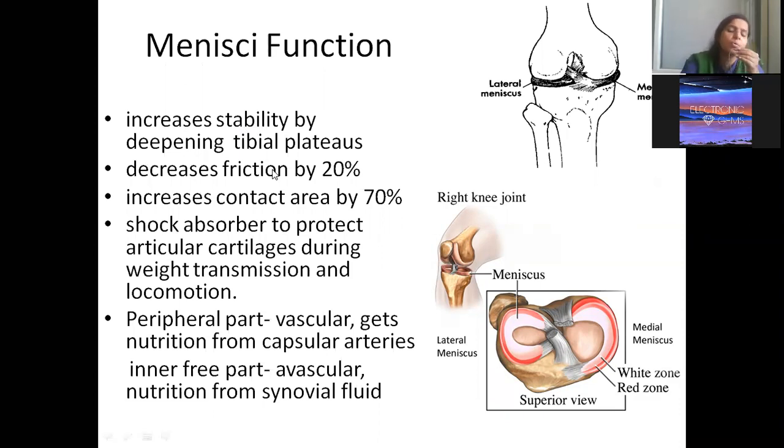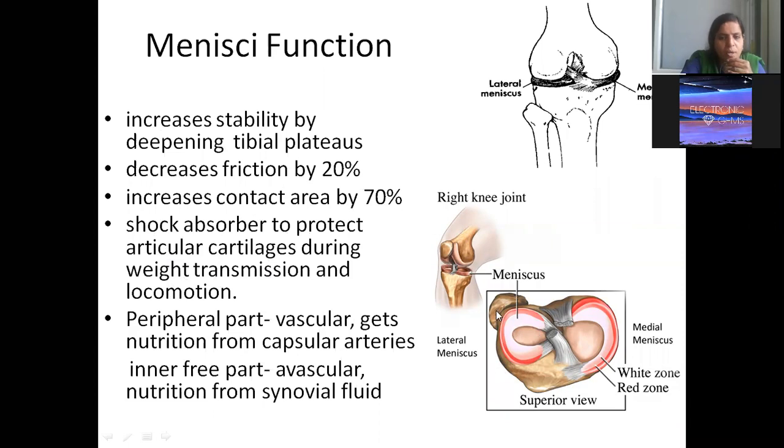That's the reason in old age, these menisci get degenerated, the joint space becomes small, and the bones start rubbing over each other. That's how you will see osteoarthritis. Menisci decrease friction by 20% and increase contact area by 70%. They also act as shock absorbers to protect articular cartilages during weight transmission and locomotion.